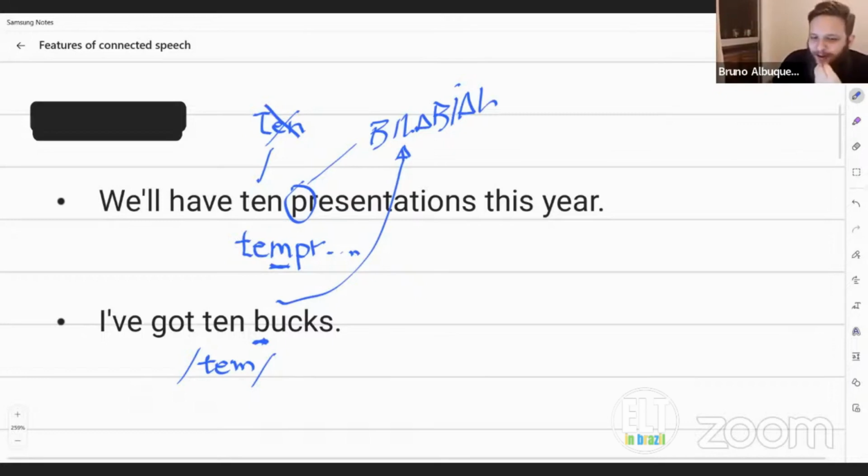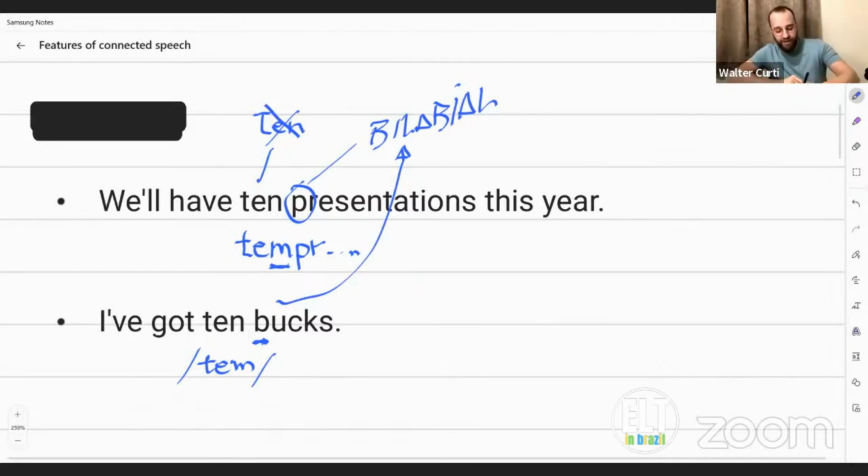Your lips are already closed. You're producing an M in preparation for the bucks. It is physically impossible to say $10 without closing your lips. But I have to tell you that this is not only going to happen with N sounds and M sounds. It's not just that.